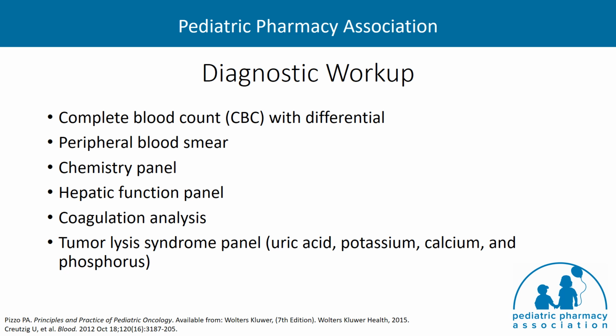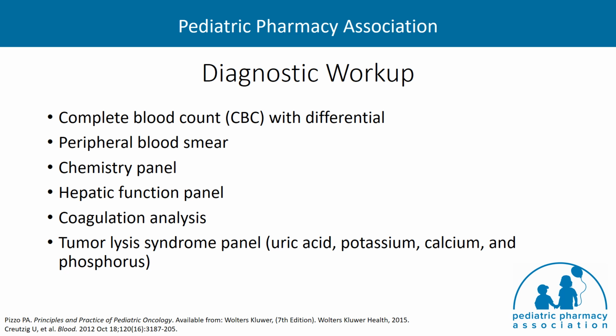At initial presentation, depending on the symptoms that a patient presents with and reports, a variety of blood tests will be sent off to gain a better idea and some insight into what is actually going on within that patient's body.